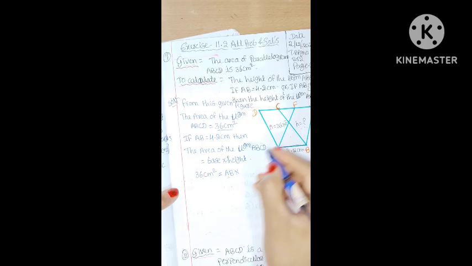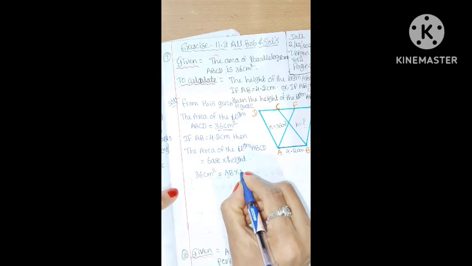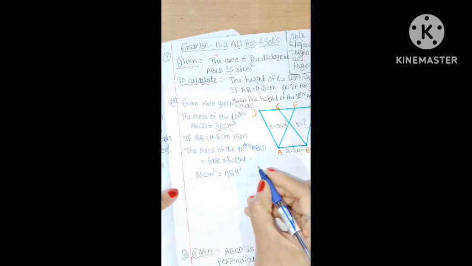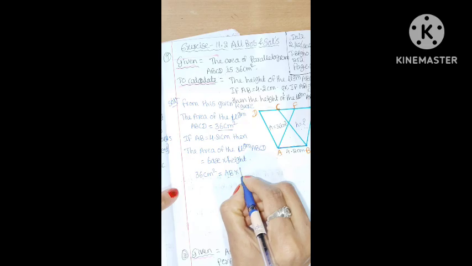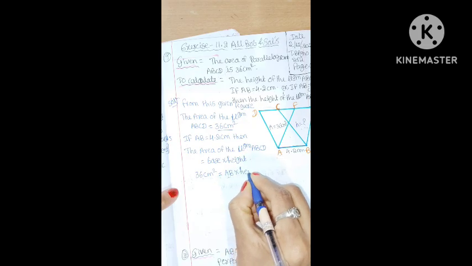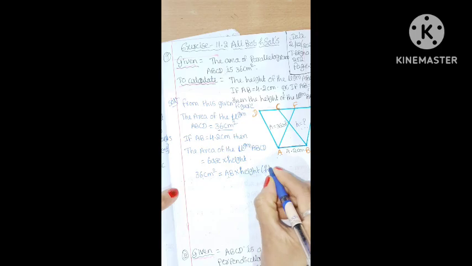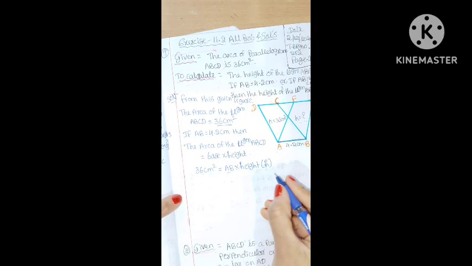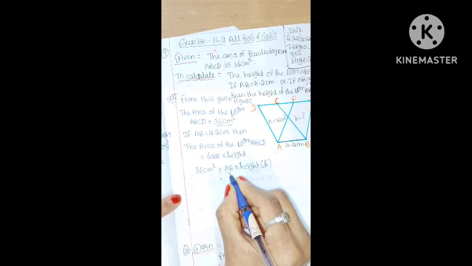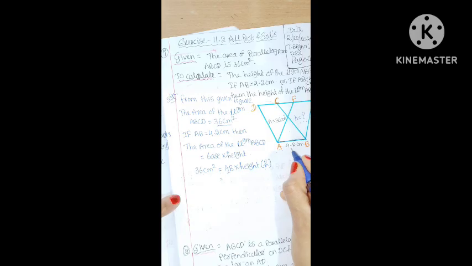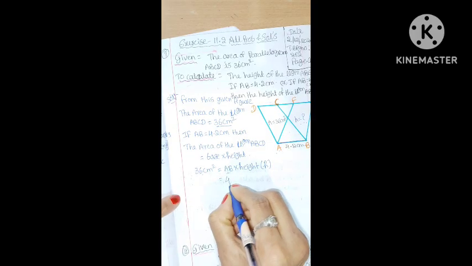Height is the same. H, or we can write height as it is. The short form is H. Next, AB length. Do you know the AB length? AB length is given.